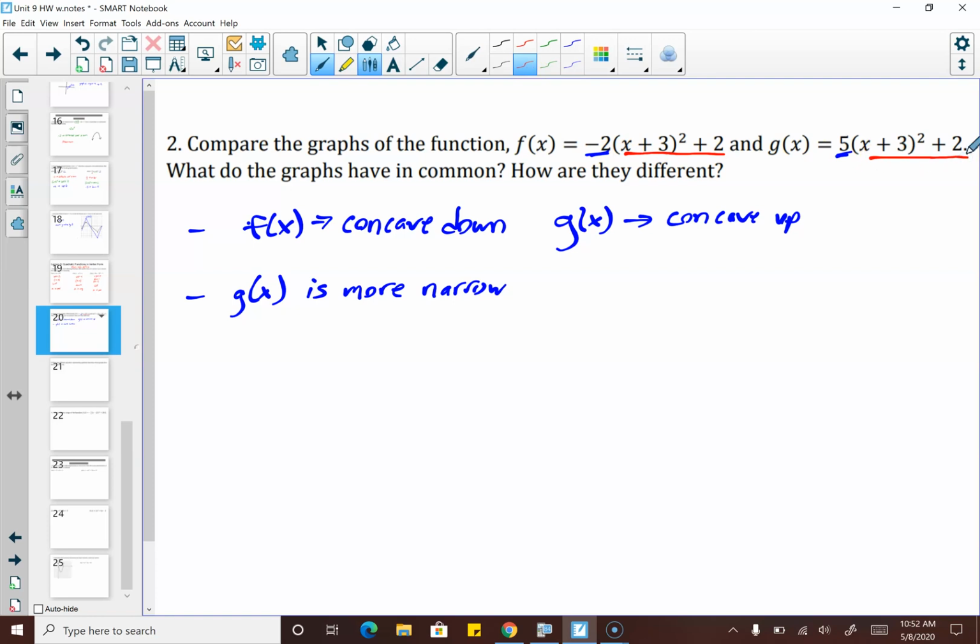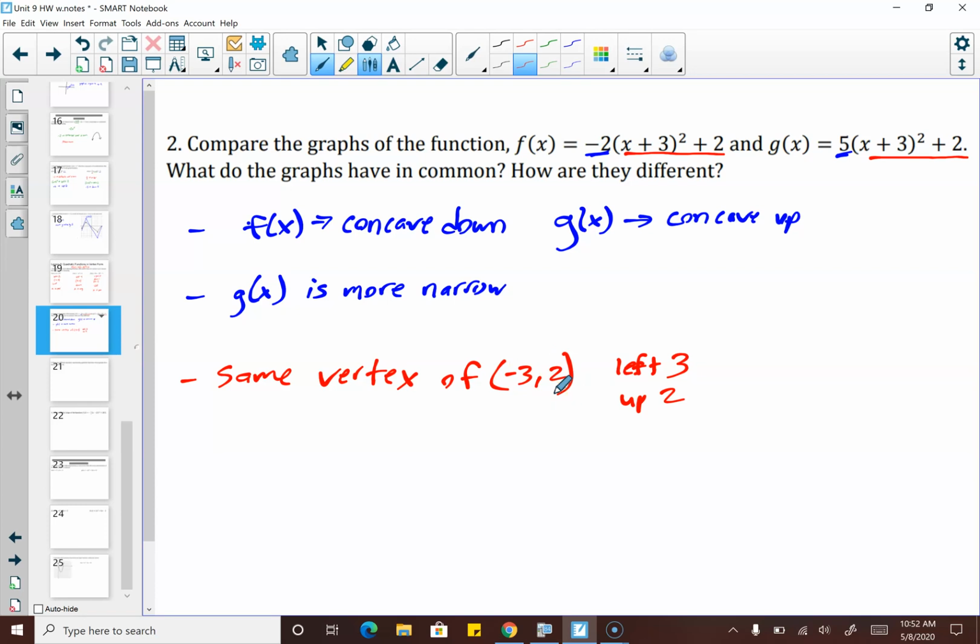So they both have an x plus 3 squared and then a plus 2. So what does that mean? That means they have the same vertex. Plus 3 is left 3 and plus 2 is up 2.